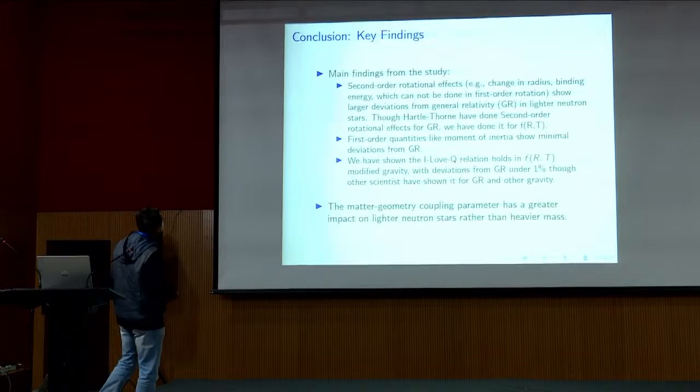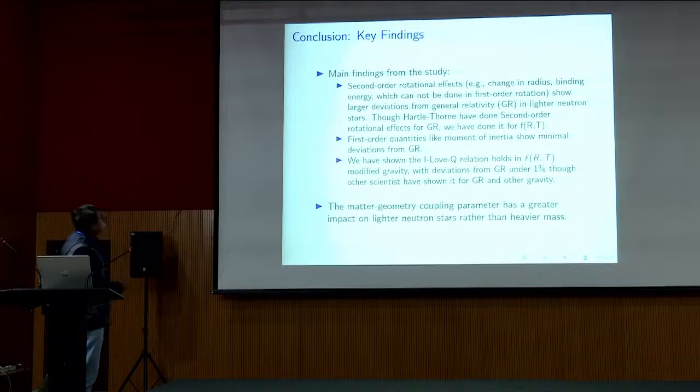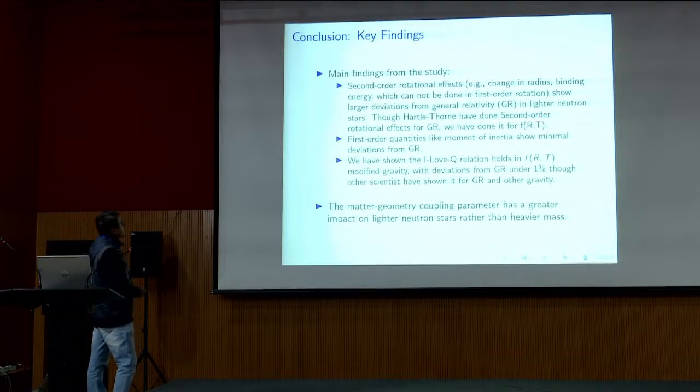Most interestingly, in the second order of the rotational effect, that means the change in the radius and binding energy, which cannot be done in the first order rotation, we find larger deviation from general relativity in the lighter neutron stars. Hartle and Thorne did the second order rotation in GR, and we have done it in this F(R,T) gravity.